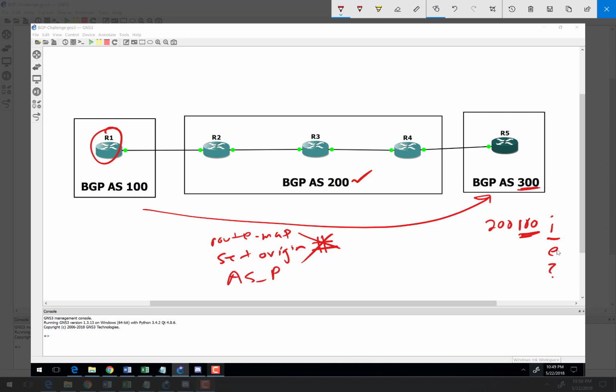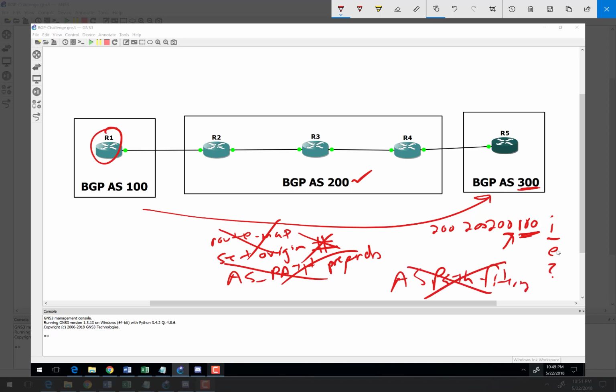AS path prepending isn't going to do us any good because we don't want to add autonomous system numbers. We want to remove an autonomous system number. So both of these are out so far. AS path filtering is also out.